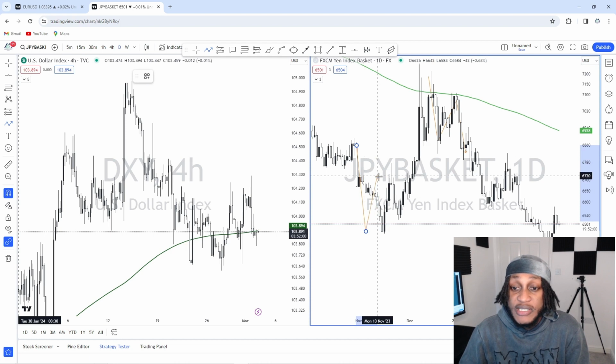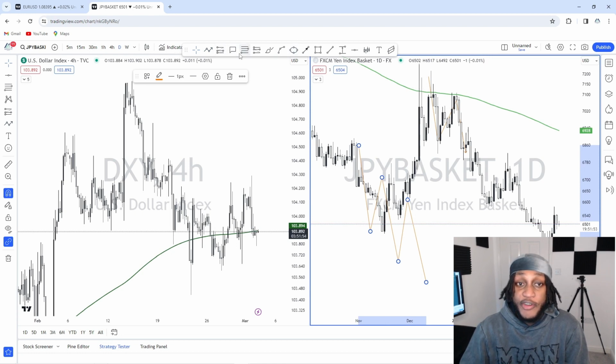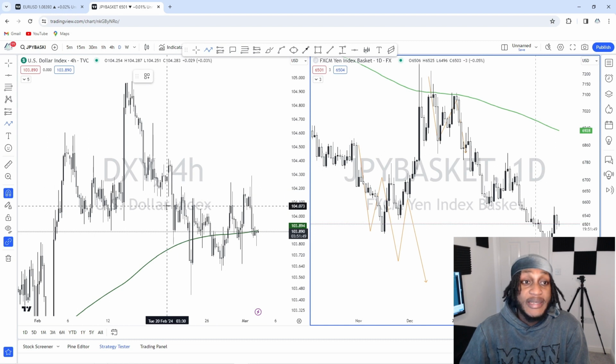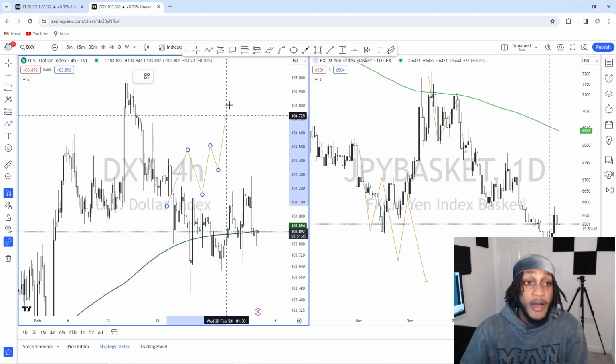Price is giving us a series of lower lows and lower highs when it's trending lower. And if you look at the dollar index, you can see price is trending higher, giving us higher highs and higher lows.